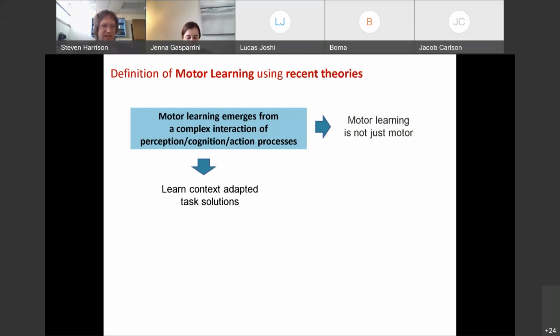Motor learning is going to result in the learning of context-adapted task solutions. So when we're talking about motor control and the ability to perform an action using particular types of perceptual resources, cognitive resources, and motor resources, motor learning is going to be adapted to and draw upon the resources that exist in the particular learning environment.